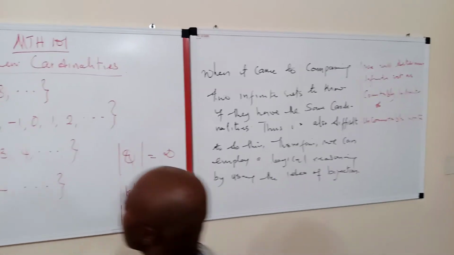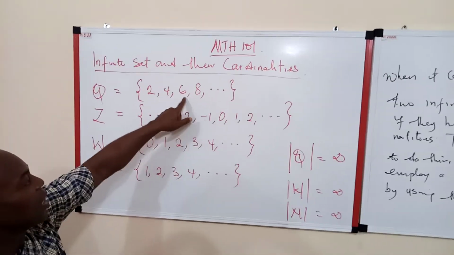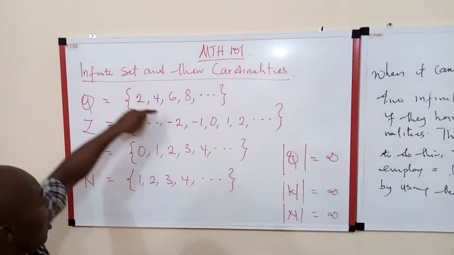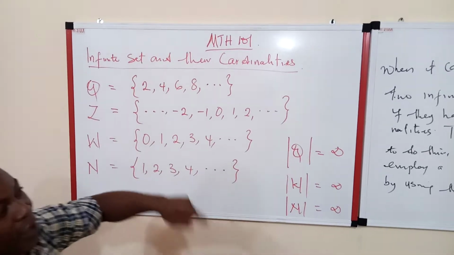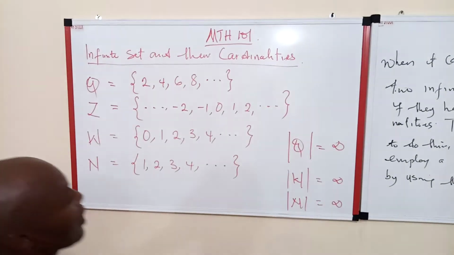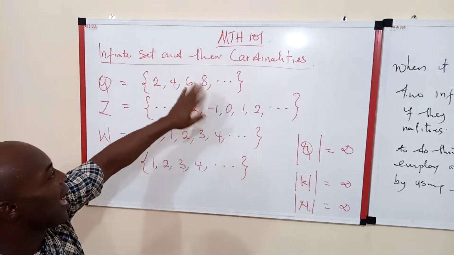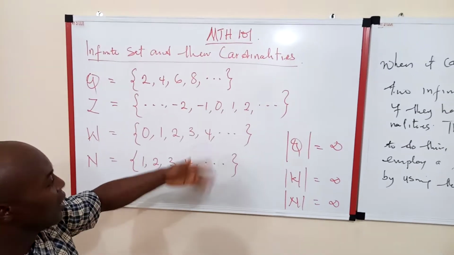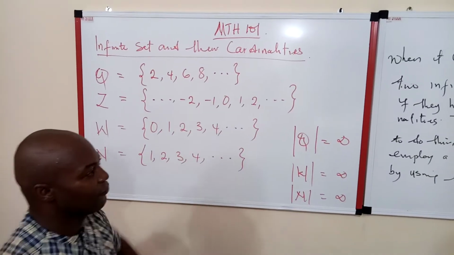Now, these ones that we try to list, though we are able to list all of them, all these ones that we attempt to write, they fall into the category of countably infinite. They are infinite though, but we can attempt to list them. These ones, we call them countably infinite sets.